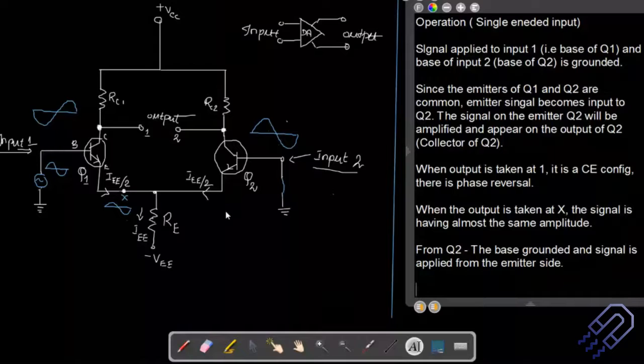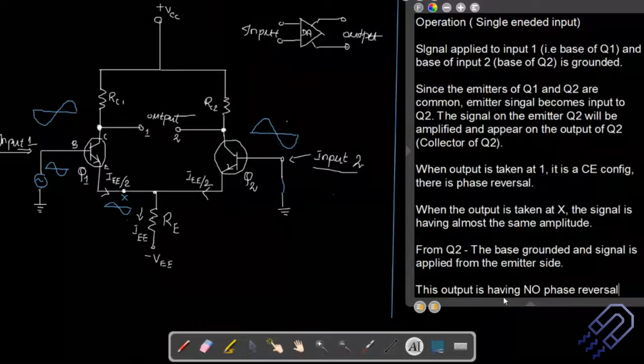If you talk about a common base configuration, you are going to get no signal reversal. There is no phase reversal. So this output has no phase reversal.